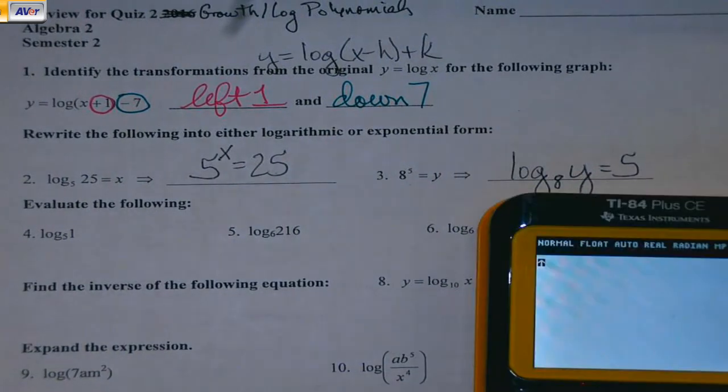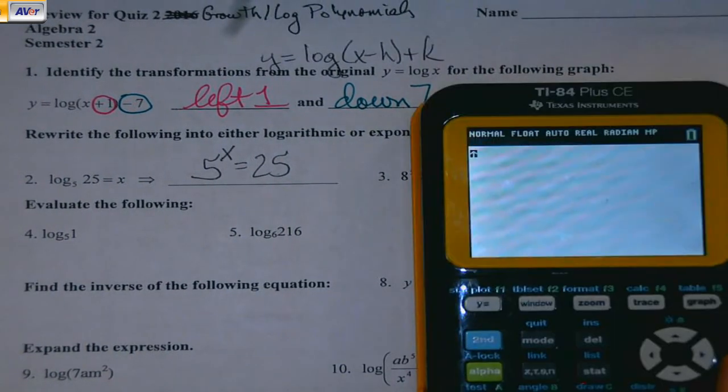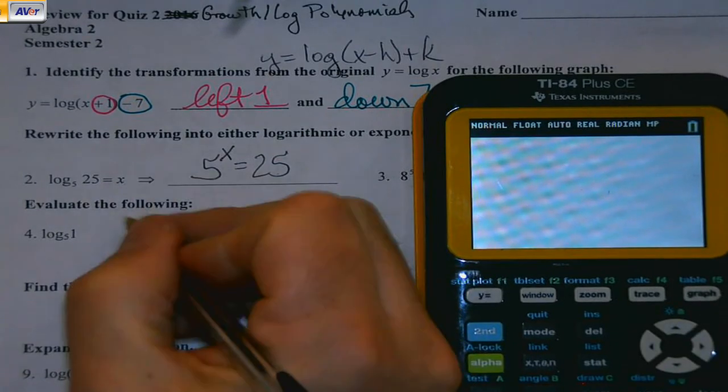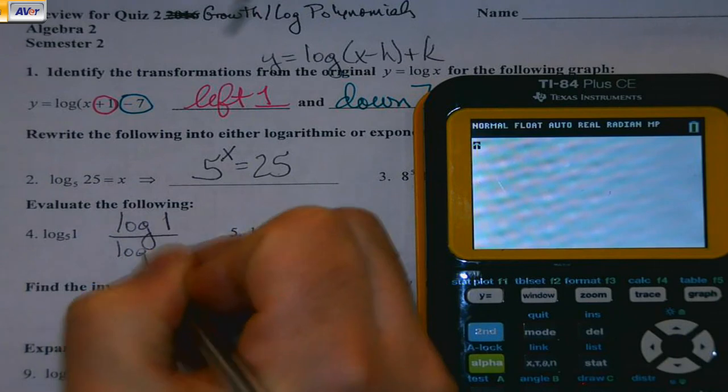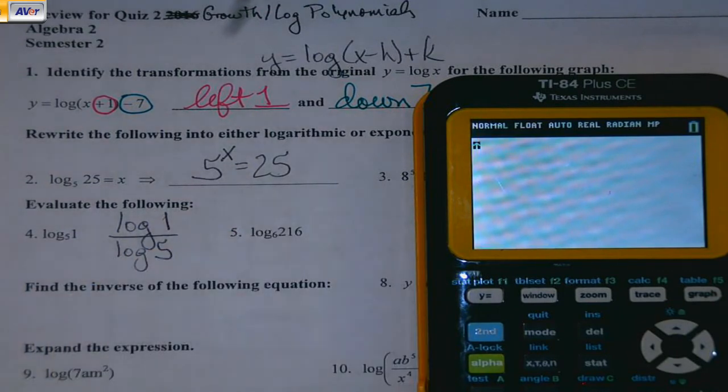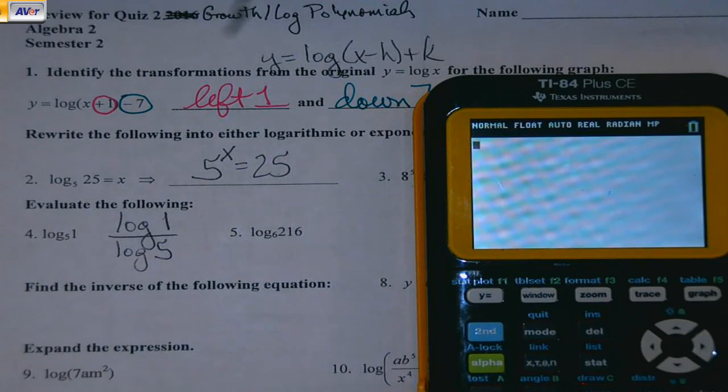I'll write it out here on the first couple, and then we'll just roll them through. Change of base is when we do log of big divided by log of little, or log of my value divided by the log of my base. The biggest thing I have to remember here is to close my parenthesis after my first log is completed.